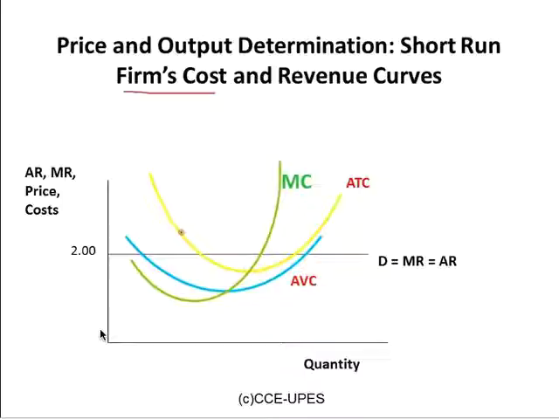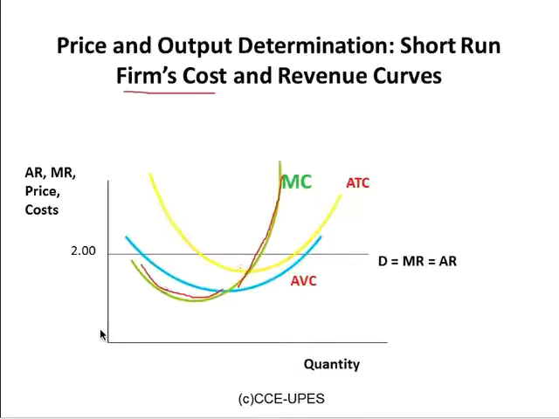The costs are U-shaped based on the law of variable proportion, which says initially the cost will go down, and after a certain optimum combination has been achieved, the costs will start going up. The basic nature of all the cost curves remains the same.